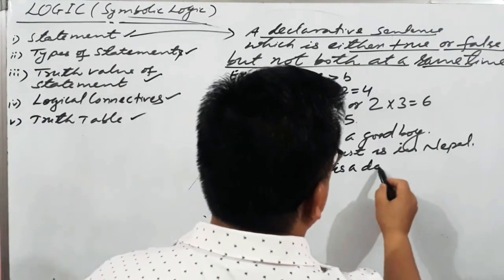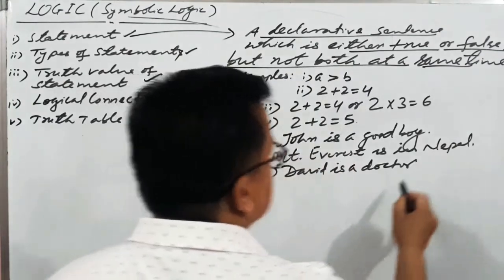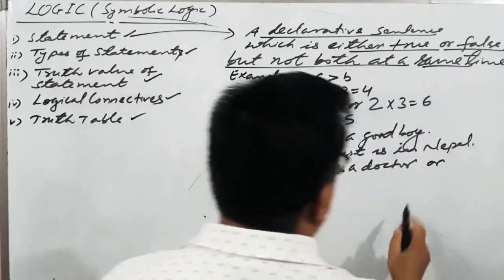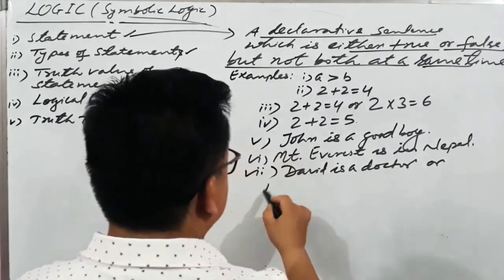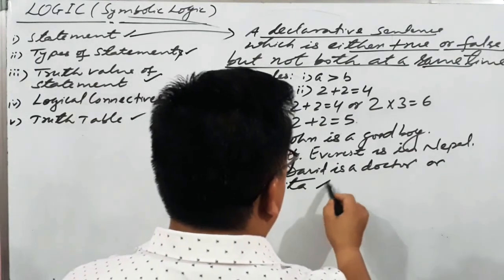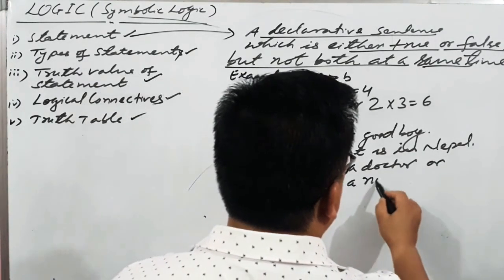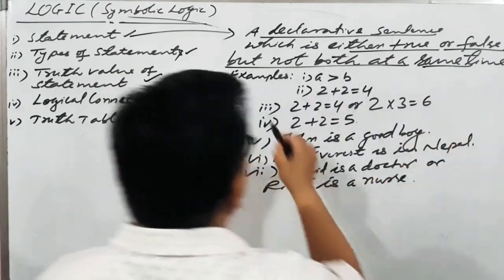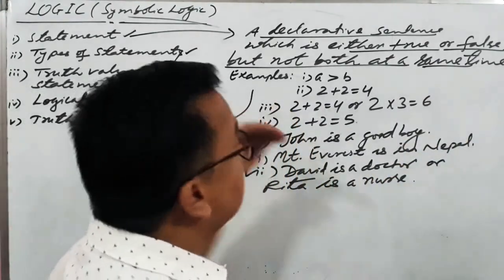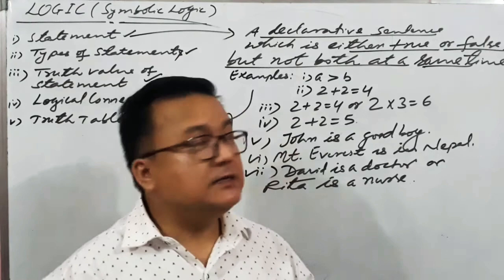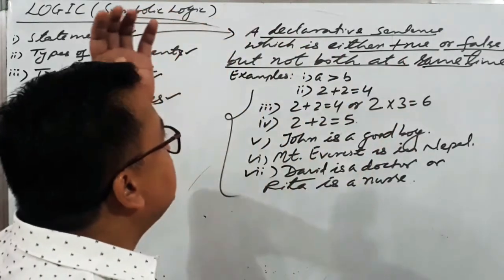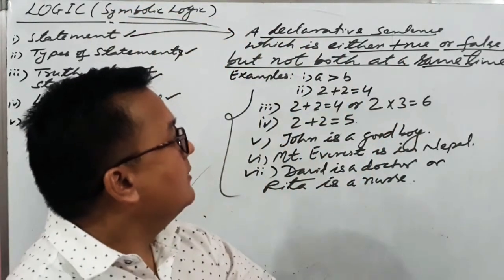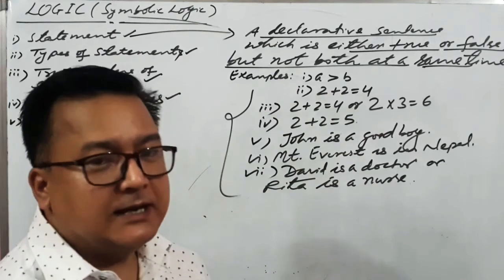David is a doctor, or Rita is a nurse. These are examples of a statement: a declarative sentence which is true or false, but not both at the same time.